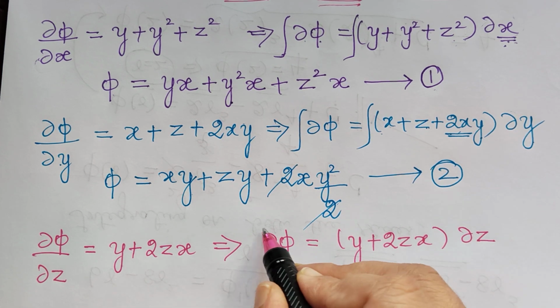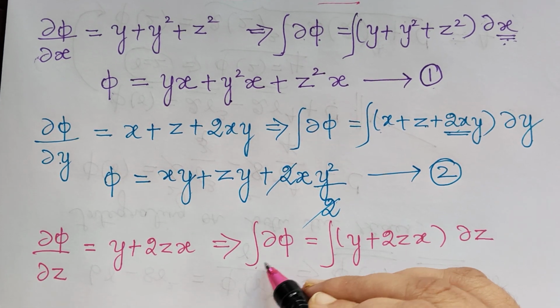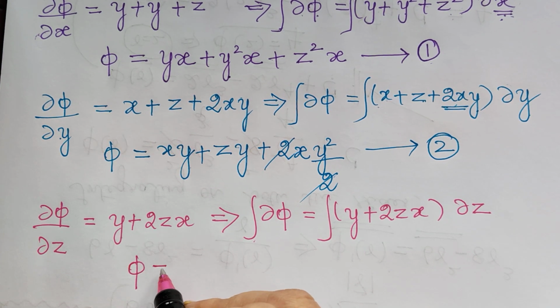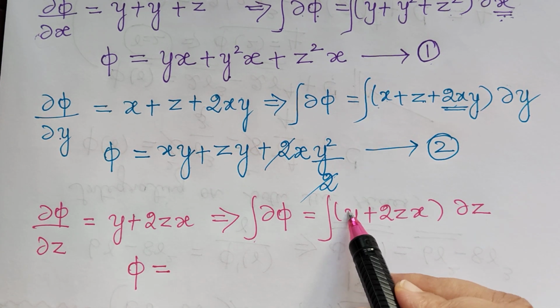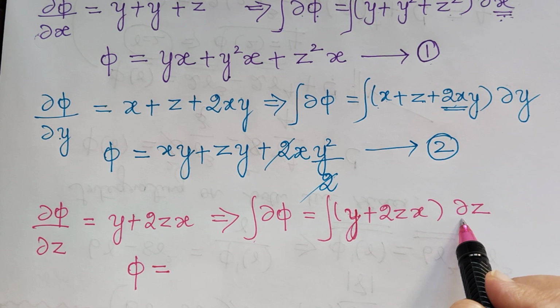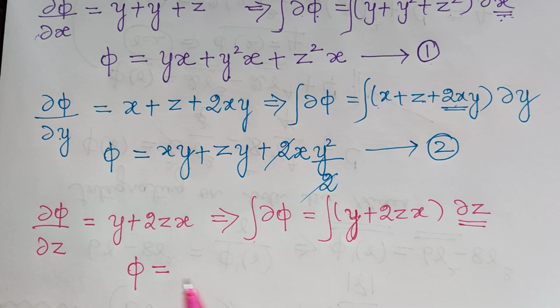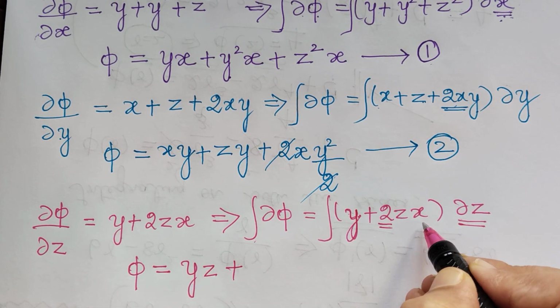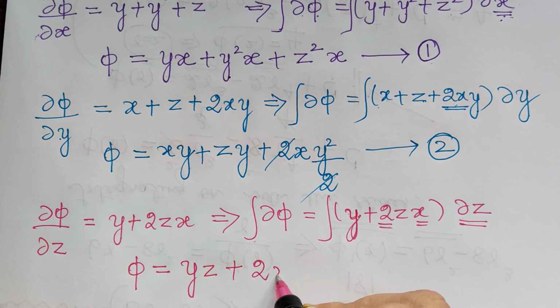Now integrating on both the sides, what is the integration of dou phi? It will be phi, and that is equal to, on the right, first we will integrate y. y is a constant, so we have to integrate only with respect to z. So we get yz plus, now 2x is a constant, so we can write it as it is.